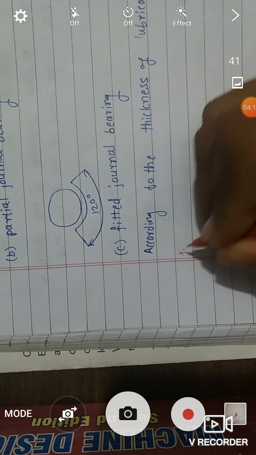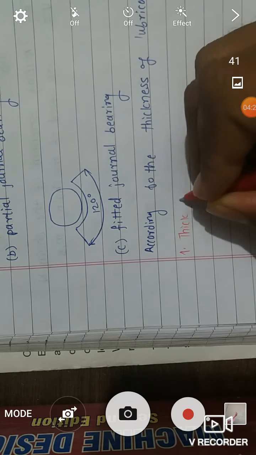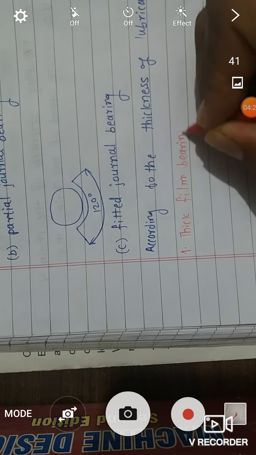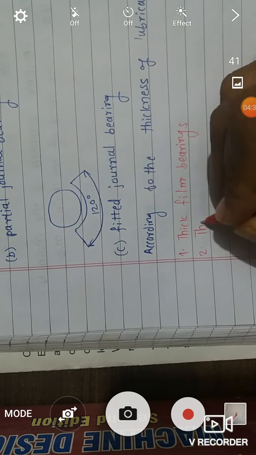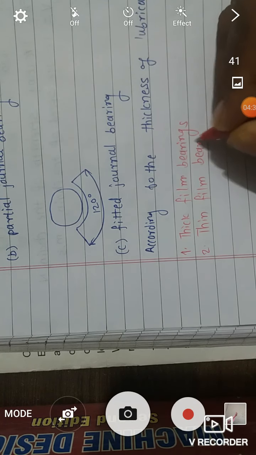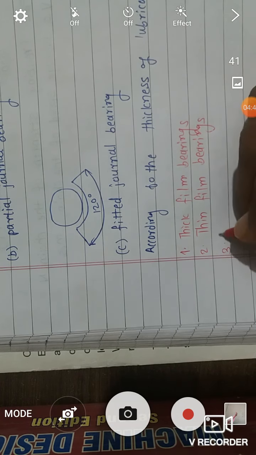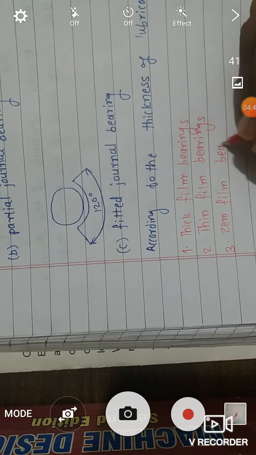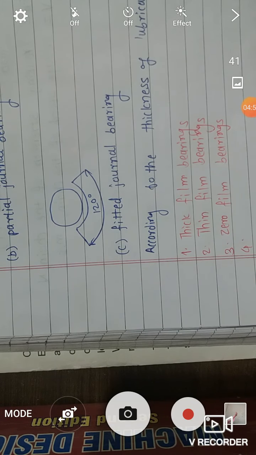The first type is thick film bearings, second is thin film bearings, third type is zero film bearings, and the next type is hydrostatic.